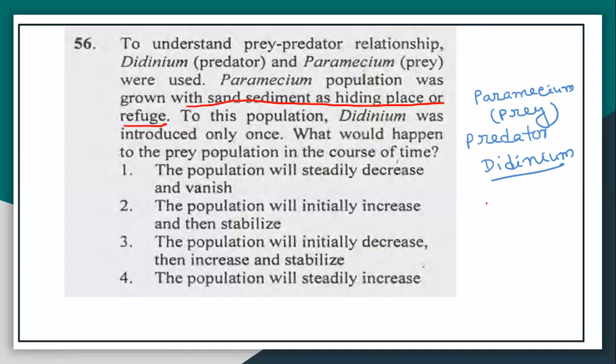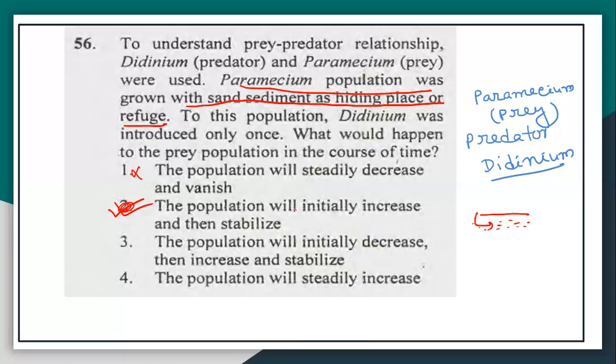So paramecium can hide in the sediment. Option 1: the population will steadily decrease and vanish. No, because there is a hiding place; paramecium can hide here, so it will not vanish. So option 1 is not correct.